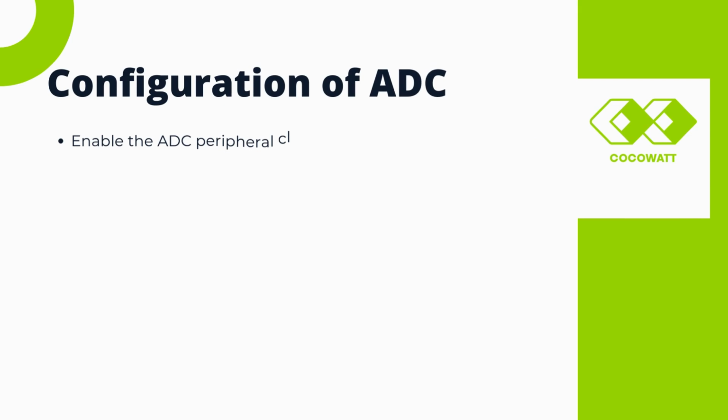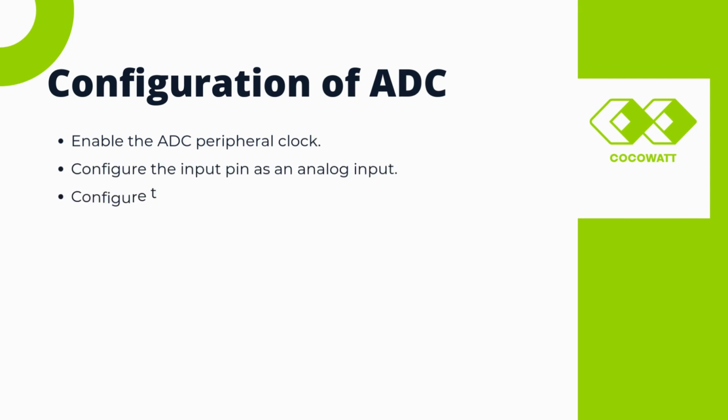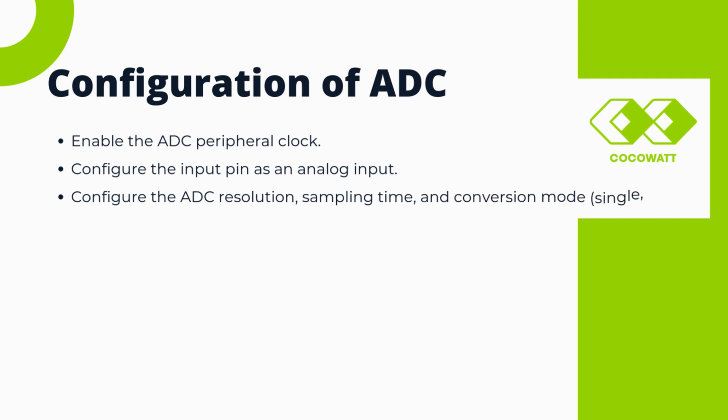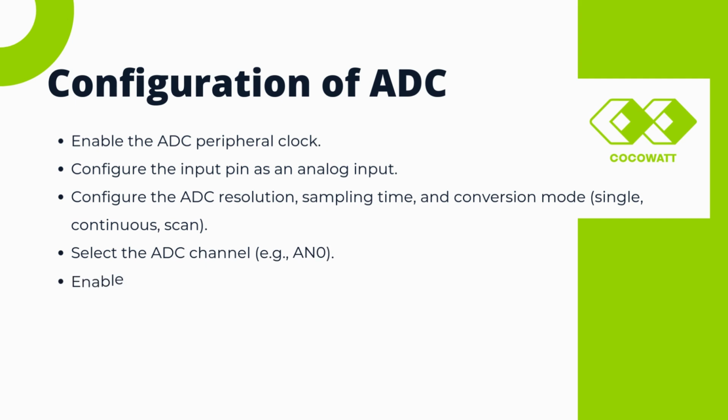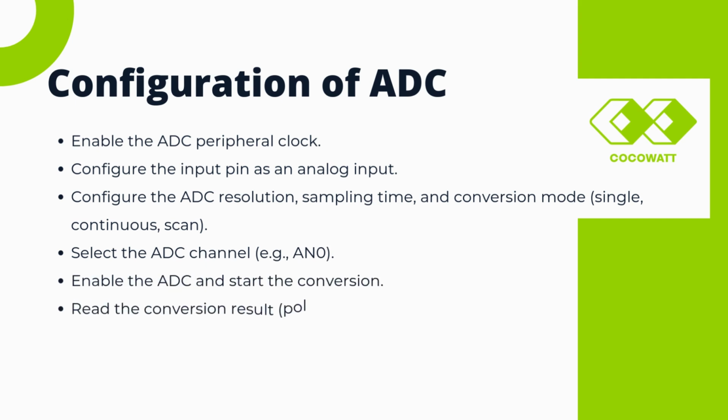When working with any microcontroller, setting up the ADC typically follows a few basic steps. First, enable the ADC module and peripheral clock to make sure the module is powered. Next, configure the input pin to function as an analog input. Then set up the ADC parameters like resolution and sampling time, and choose the conversion mode, whether it's single shot, continuous, or scan mode.